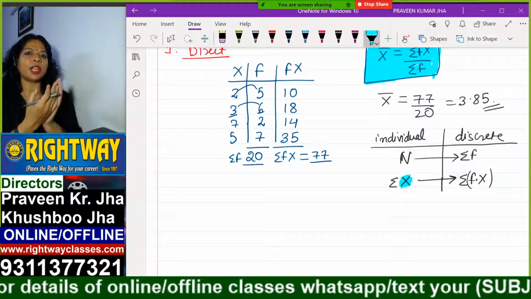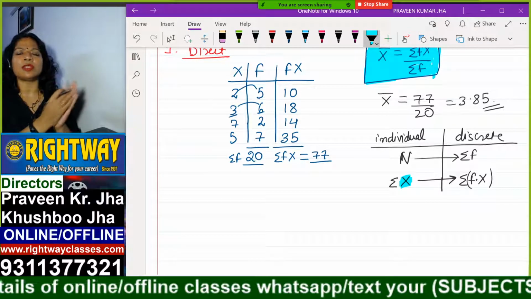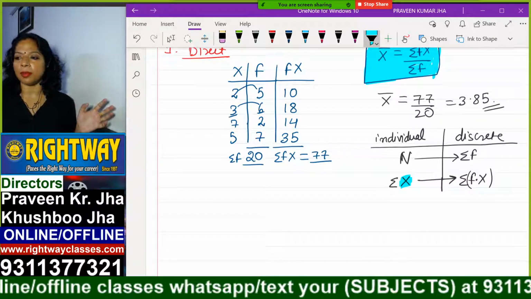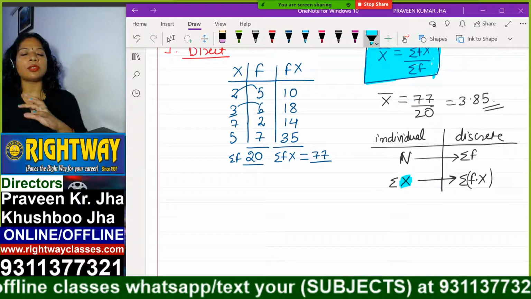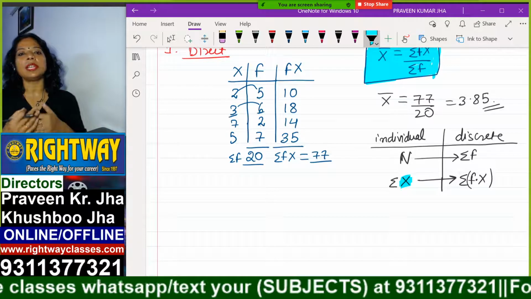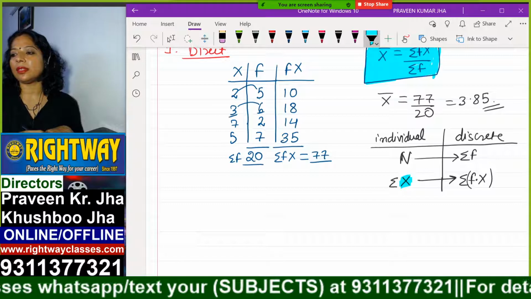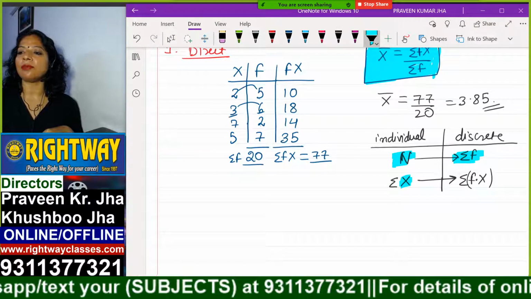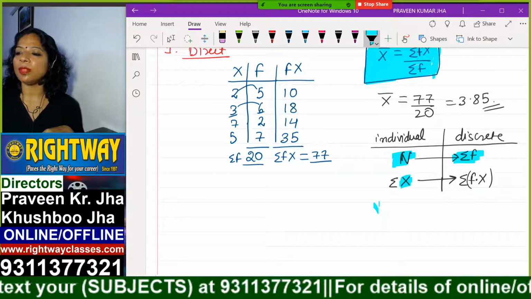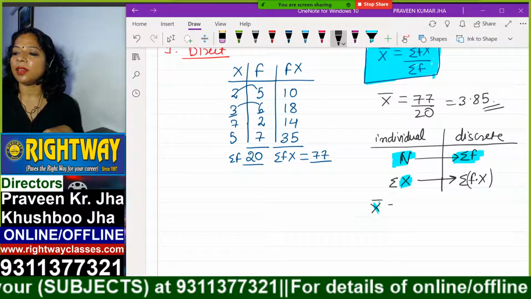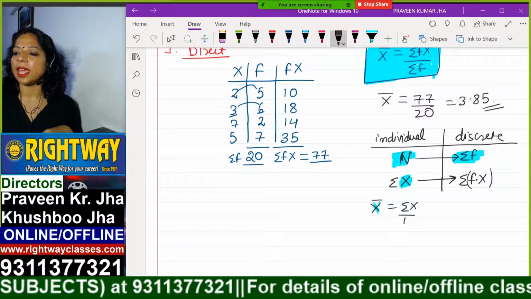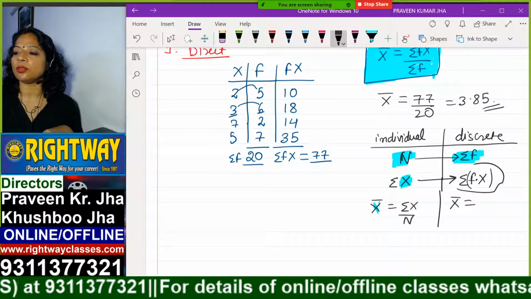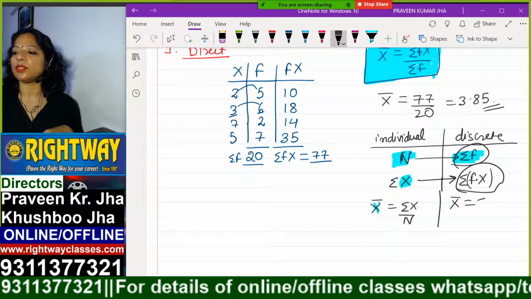Whatever we are doing in individual, whether it is average, standard deviation, dispersion, skewness, moment, kurtosis, in each and every topic, we will be just first multiplying with f and then taking summation. This is the rule in discrete, and we have to replace n with summation f. Now you see, what was the mean formula over here? Summation x by n. So according to this rule, x is to be replaced with fx and n with summation f.